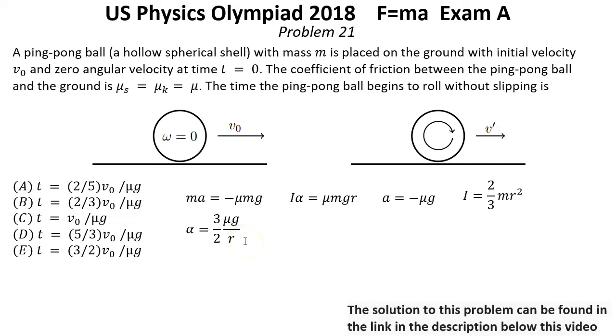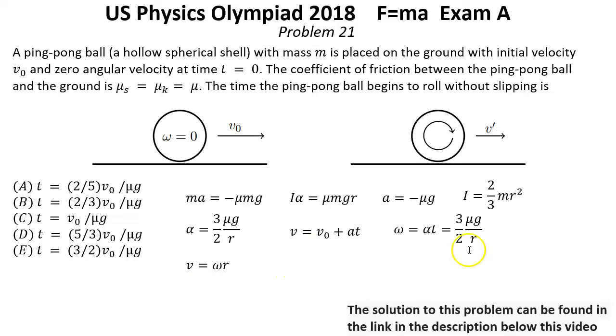Now let's write the equations for velocity and angular velocity. For velocity we have v equals v0 plus at, and angular velocity equals alpha t, which is this one. Also, at the time when this ball is moving without slipping, we have v equals omega r.